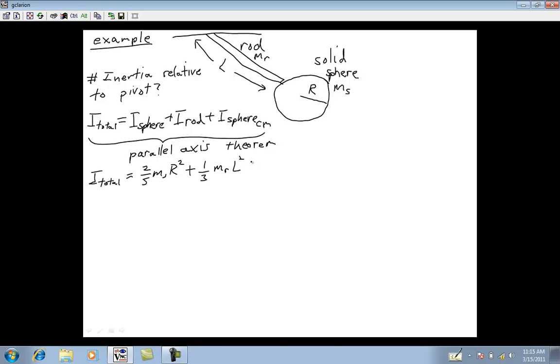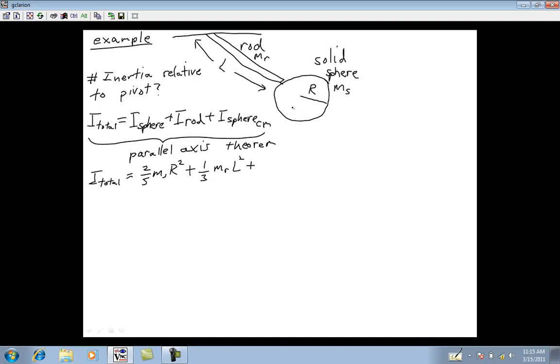Now this is the part where we're including the parallel axis theorem. The parallel axis theorem, remember, is just m d squared. But the important thing is that d is the distance to the center of mass of that object. So here's the sphere.